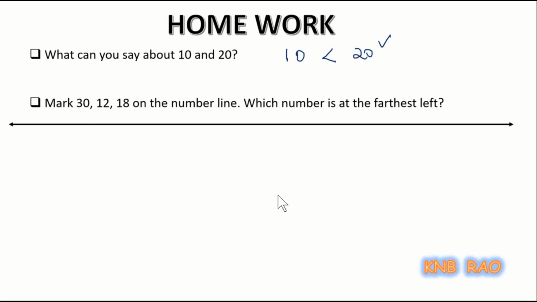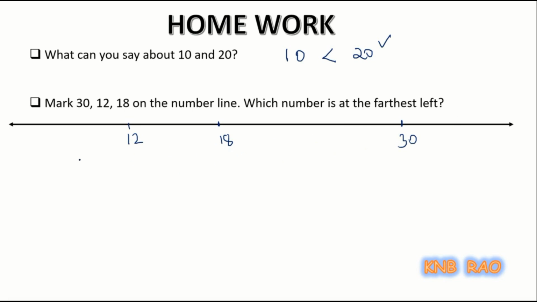On this number line we mark 12 somewhere, and 18 would be somewhere after 12, and 30 would be somewhere farthest of 18.